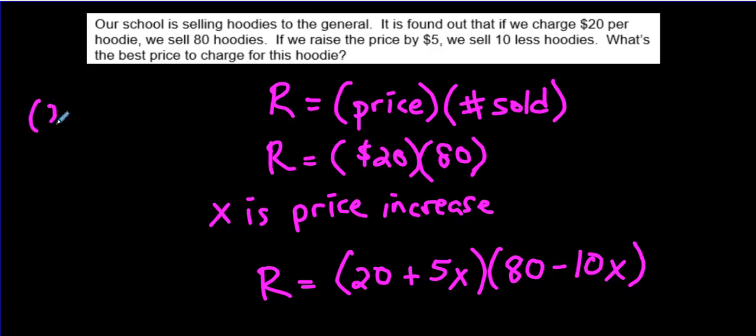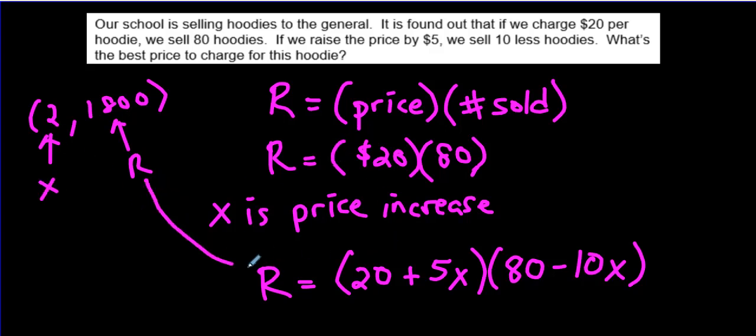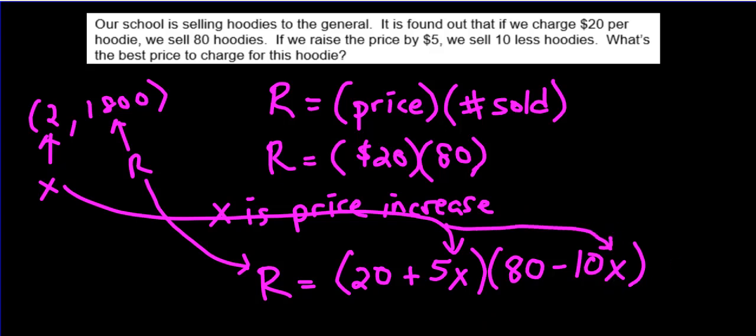We saw this. Okay, here's the price increases, and here's our maximum revenue. This is the X part, okay? So the revenue is here, and the price increases was here. All right? As well as here, where the X's are.